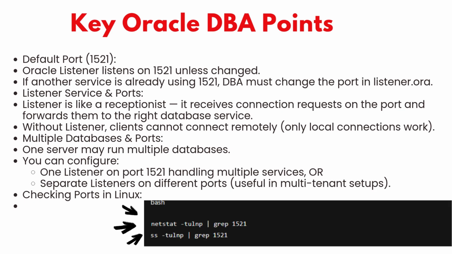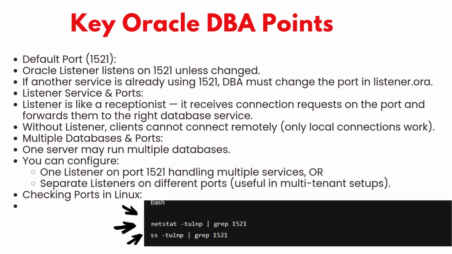3. Multiple databases and ports. One server may run multiple databases. You can configure one listener on port 1521 handling multiple services, or separate listeners on different ports, useful in multi-tenant setups. 4. Checking ports in Linux. Output shows whether port 1521 is actively listening and which process, usually TNSLSNR, owns it.